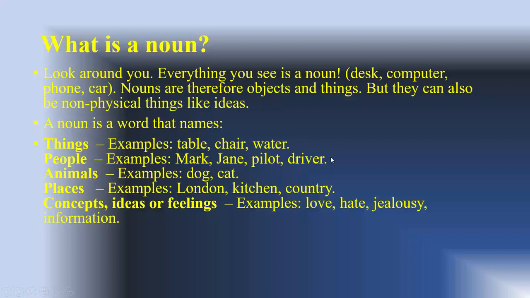Those first two are names. The second two are generic nouns. Animal examples: dog, cat. Places: London, kitchen, country. And feelings like love, hate, jealousy, information, as we saw before, happiness, greediness, and so on.